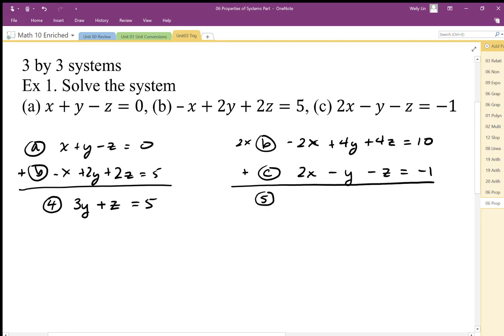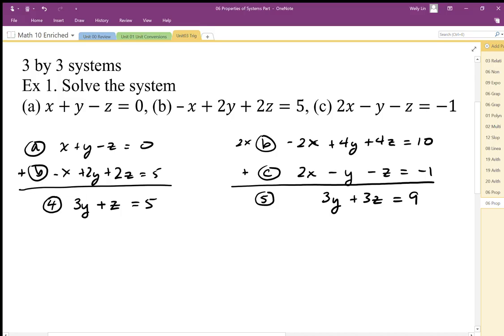So I've combined A and B, and B and C. This is a different combination, and it generates another equation. In this case, I'm going to have 0 x's, 3 y's, 3 z's equals 9.